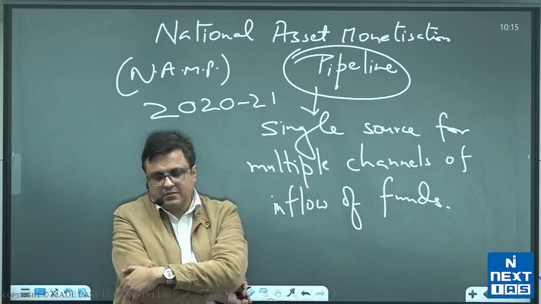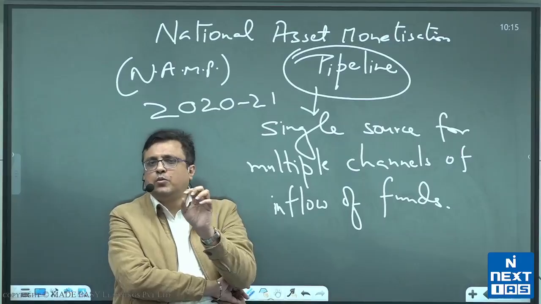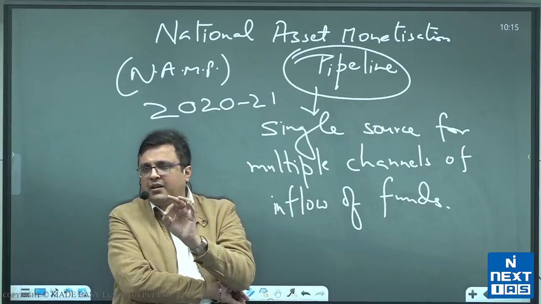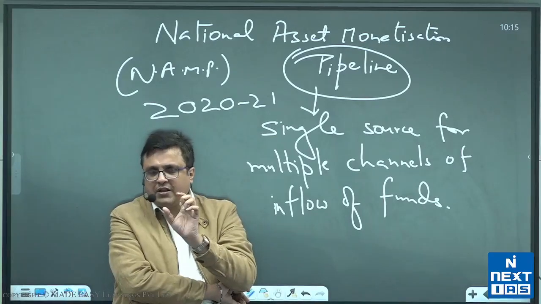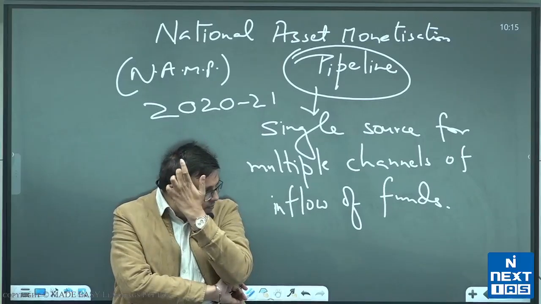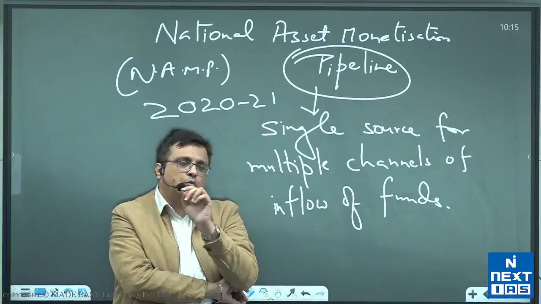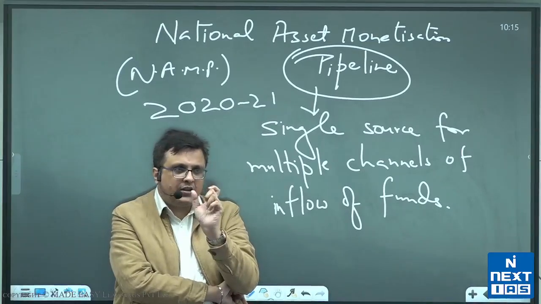Second, in fact, in a bracket you can write 2.3 lakh crore already recovered.